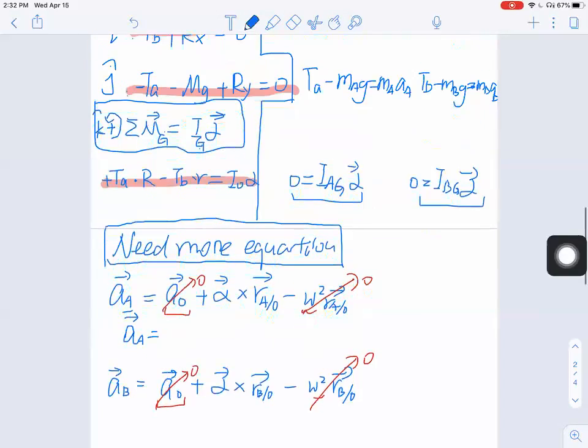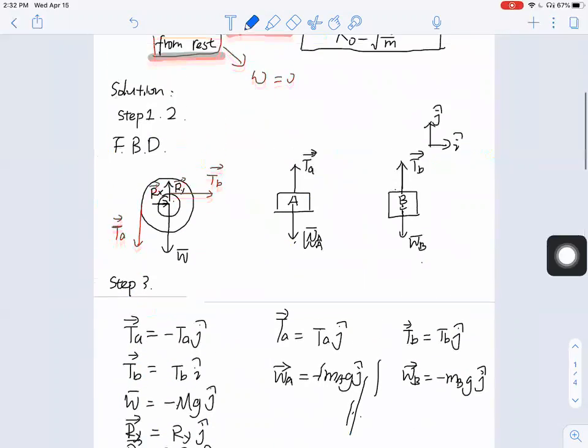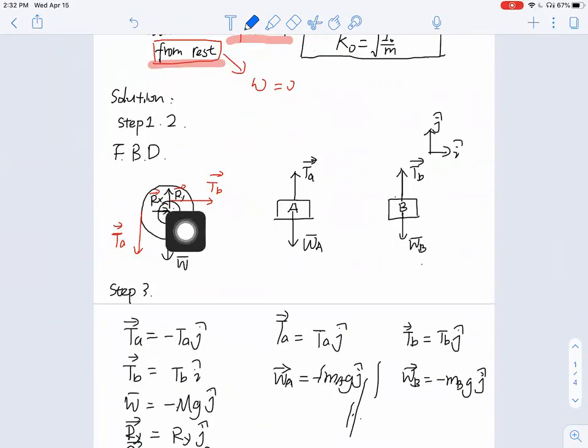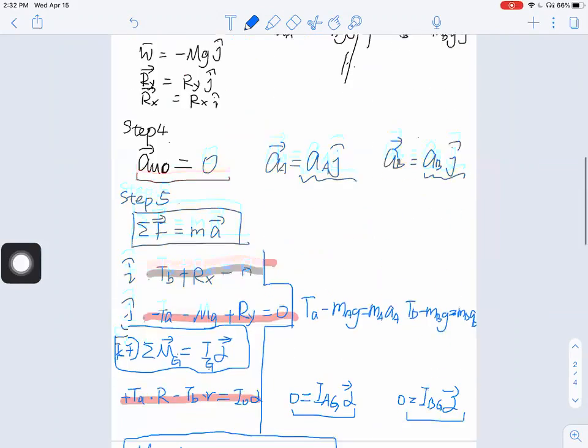A_A equals alpha, its angular acceleration that's in the K direction, cross r_A/O. Let's go back to our free body diagram. O is the center, A is that point, r_A/O. So from O pointing to A, that is the negative I direction.